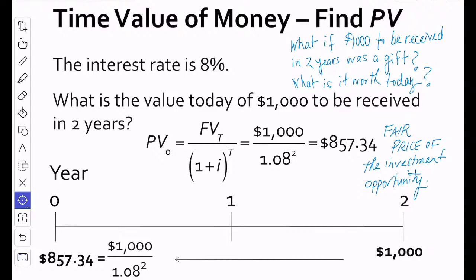So even if it was a gift, it has value to me today to put money in my pocket so I can do something with the proceeds coming in 2 years. I could do something with it today. I could take the $857.34 and do something with it. I can invest in something else. Right? I can try and realize opportunities with this amount. So yes, what is it worth to me right now? $1,000 in 2 years? This amount.